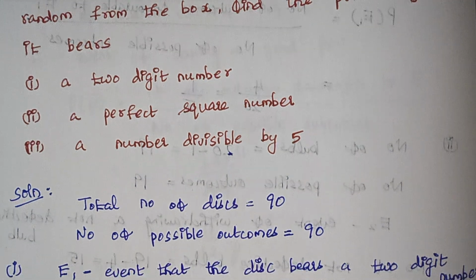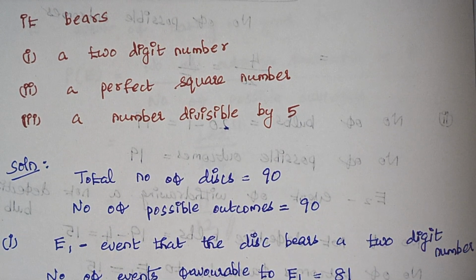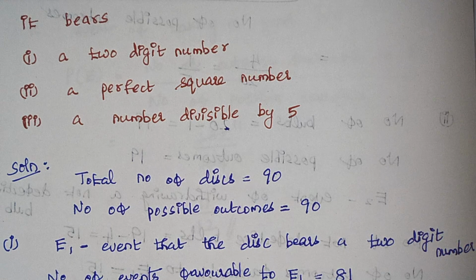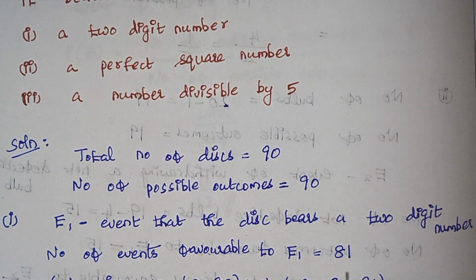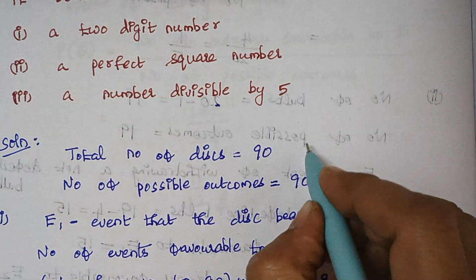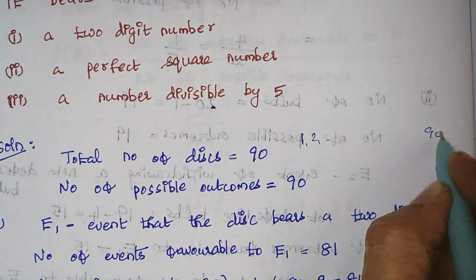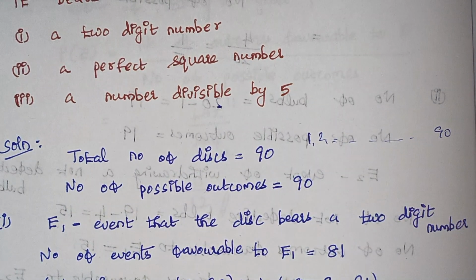Now let E1 be the event that the disc bears a two-digit number. So the number of outcomes favorable to E1 is 81. The thing is very simple. You have to start from 1 and extend up to 90, including all the numbers.